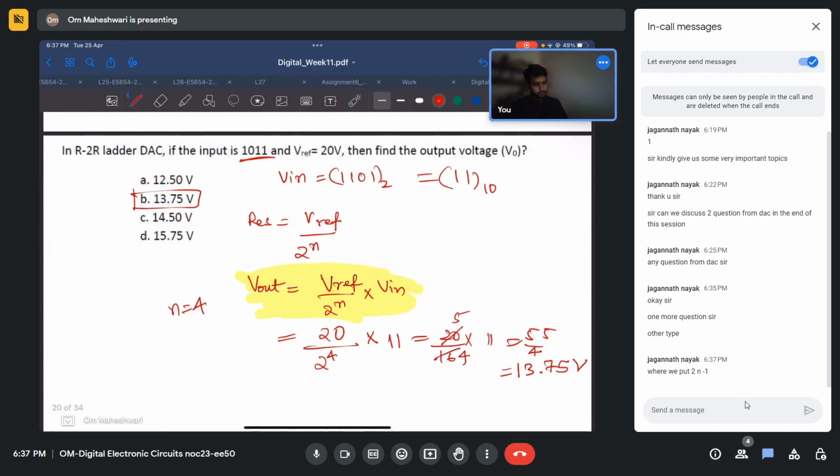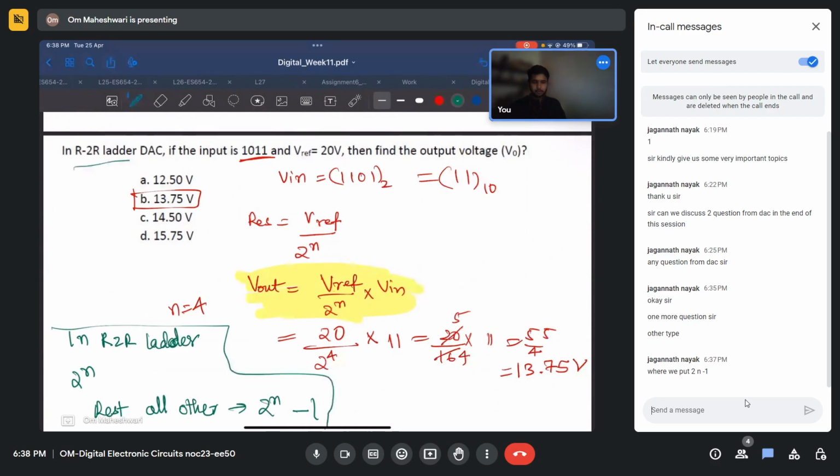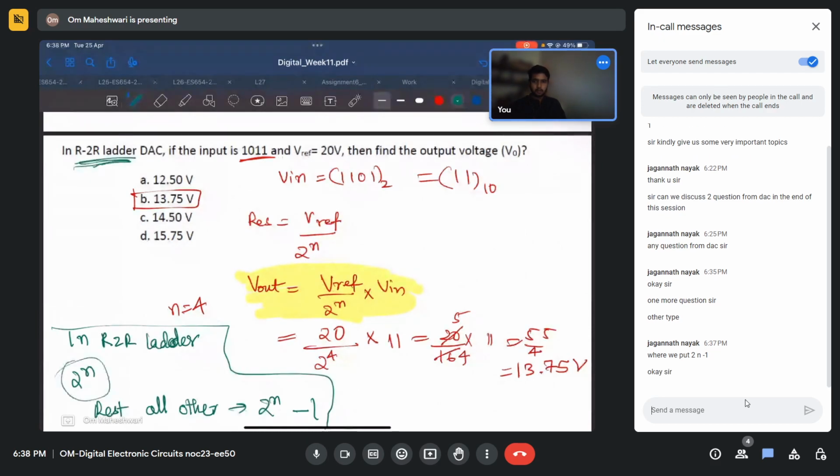So in an R2R ladder, we use 2 to the power n. For all the rest, 2 to the power n minus 1. Just remember this: if it is written ladder R2R, you use 2 to the power n. For all other types, if it is a SAR or anything else, just use 2 to the power n minus 1.